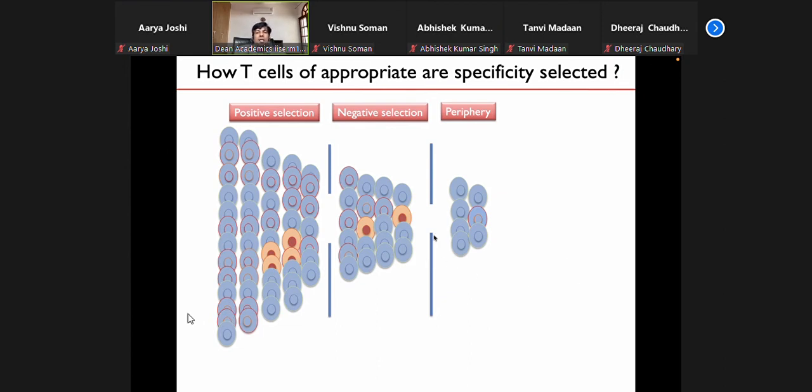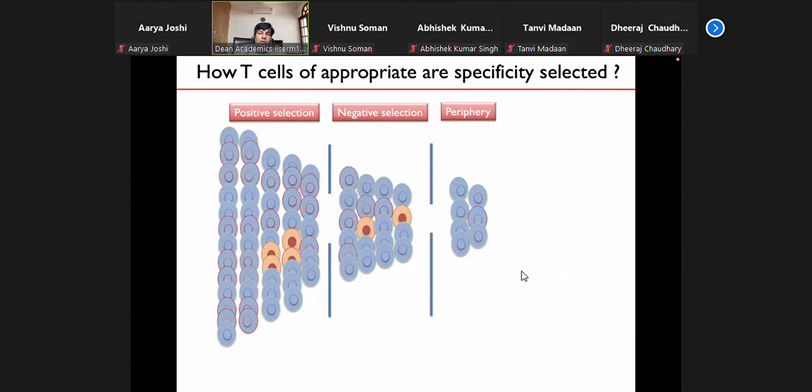And then in the periphery, you come up with these cells, which are largely reactive to foreign antigens, and very few cells, as shown here, might potentially be autoreactive. Because this process is happening through all these steps, you might select some autoreactive T cells which are potentially damaging.